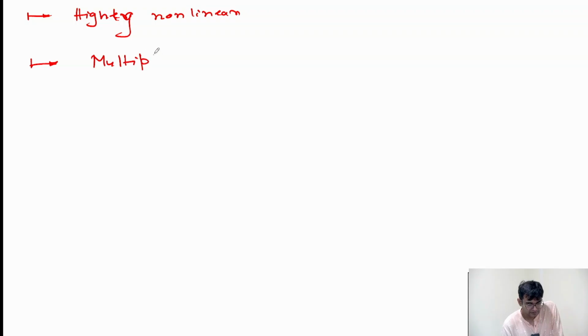Okay. So there are two limitations I talked about. One is highly nonlinear problems, which will potentially fail. The second one is multiple MPPs.